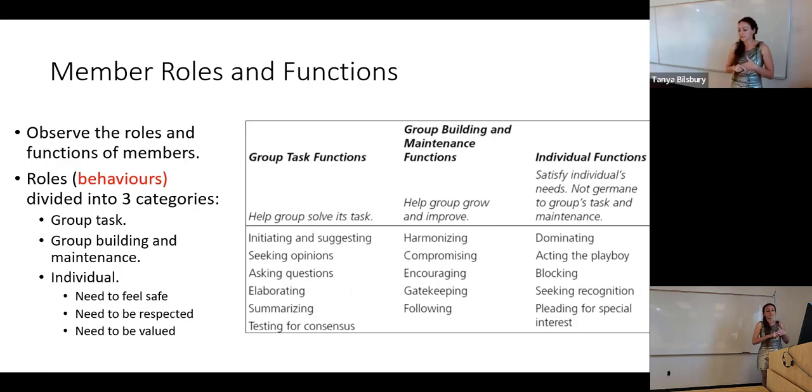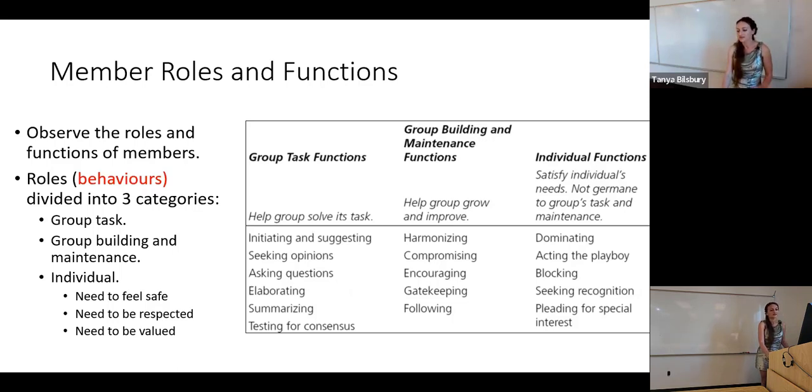So you could take all those roles and divide them into three categories. Maybe it's more appropriate to think of these as behaviors than as roles, because the word role suggests that people only take on certain behaviors, but in reality, individuals are more flexible than that.